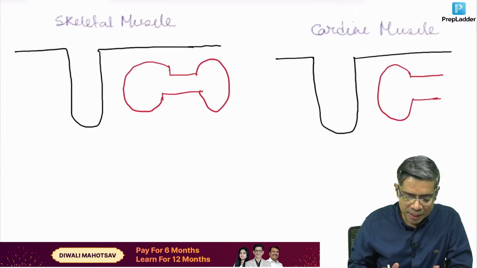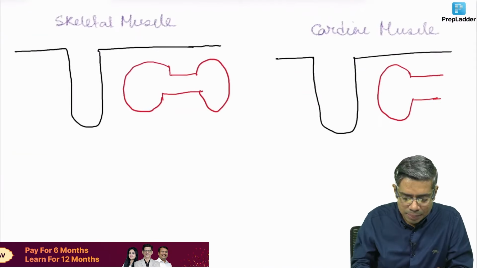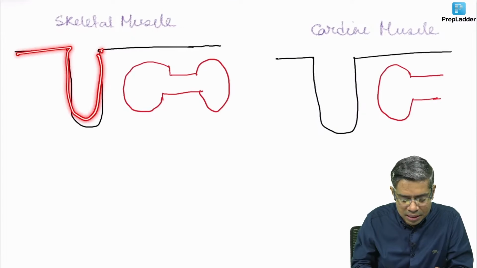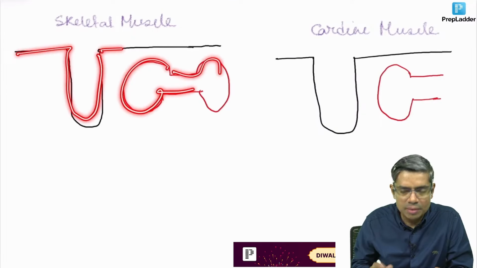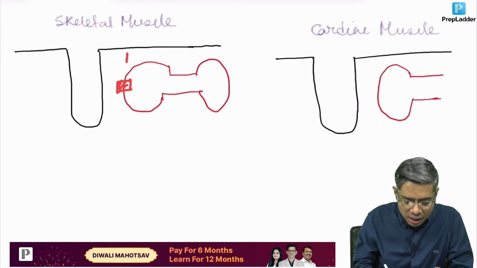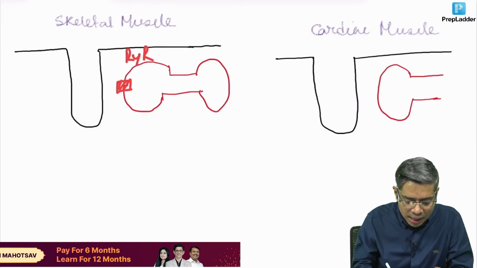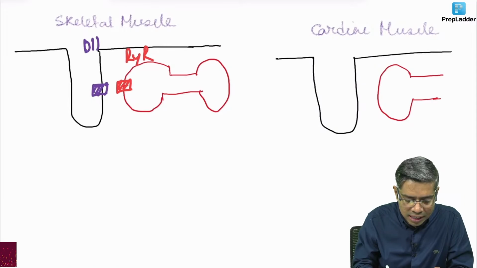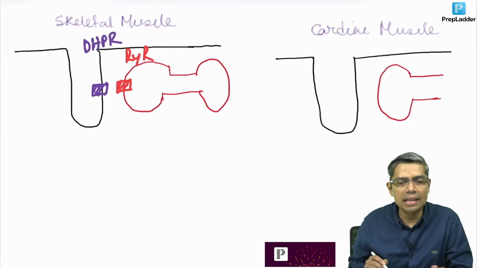So briefly, this has been discussed multiple times, but quickly I will go through. In skeletal muscle, this is the T tubule and this is the sarcoplasmic reticulum. All of you know that here there will be the RYR type of channel, and on the other side, on the T tubule, there will be the DHPR channel. DHPR channel is also known as the voltage gated calcium channel.